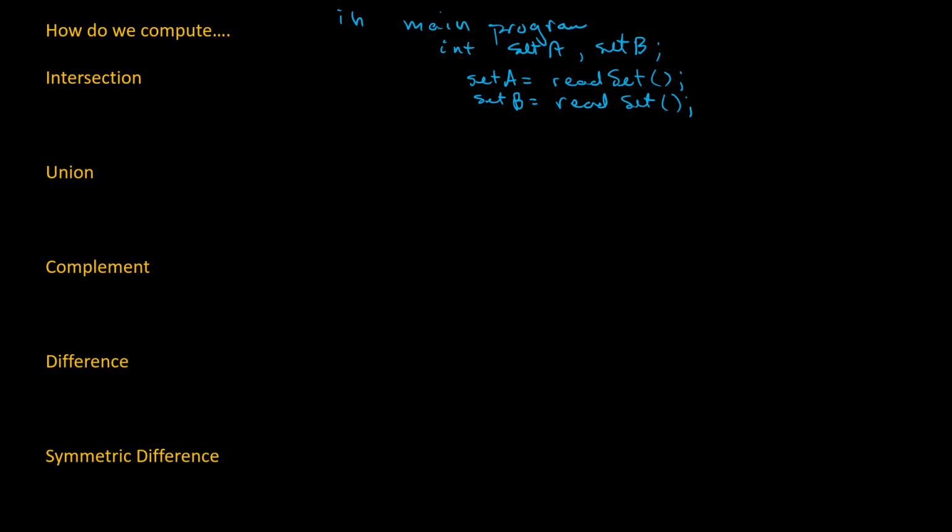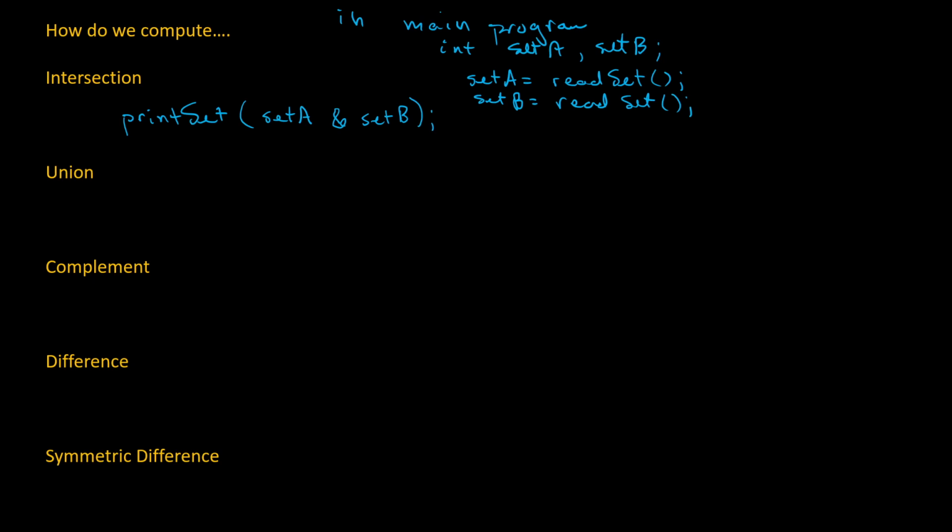Intersection is where an element is in both sets. It's an AND operation. So here I could do something as simple as that.